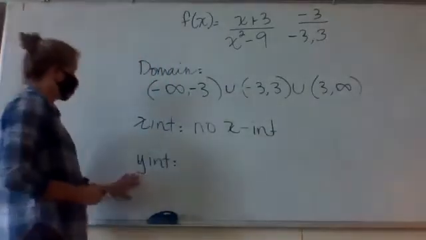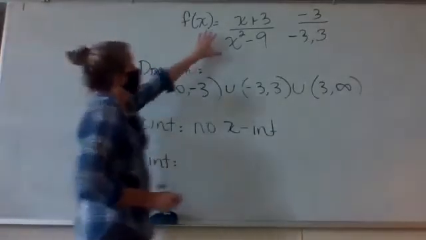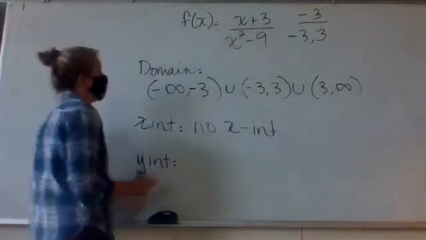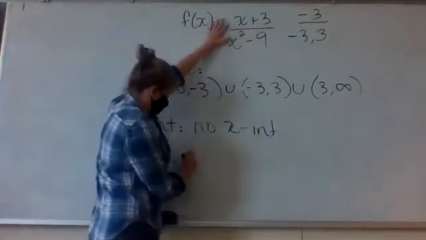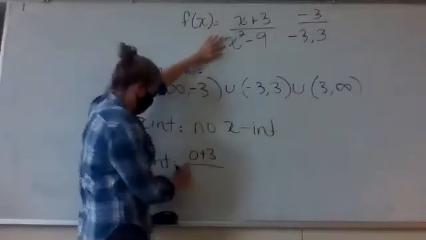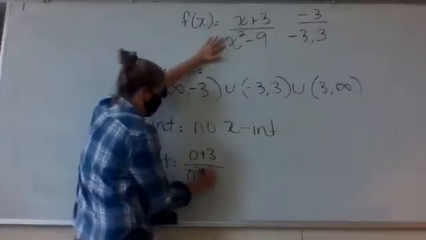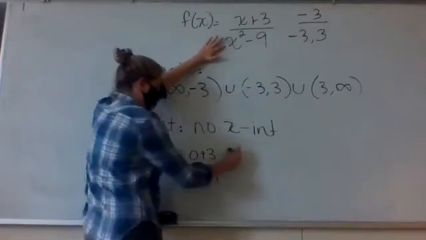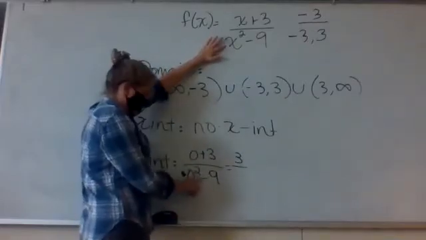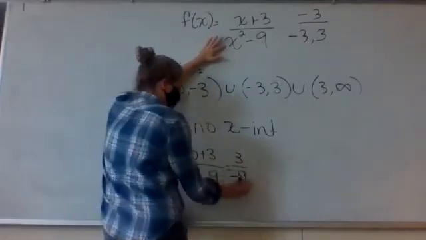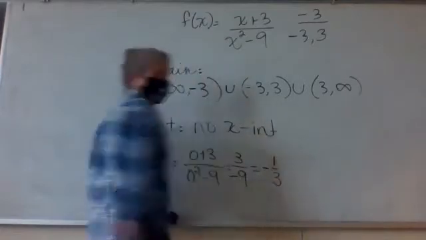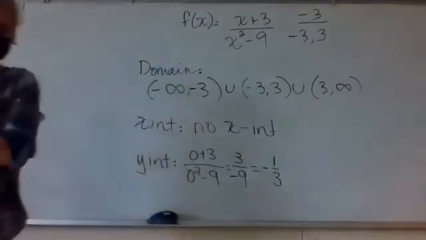The Y-intercept comes from replacing all the X's in the function with zeros and seeing what you have left over. So up top I have 0 plus 3. In the bottom I have 0 squared minus 9. 0 plus 3 is 3. 0 minus 9 is -9. So if I simplify that, I get -1/3.